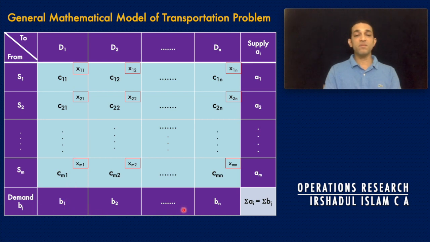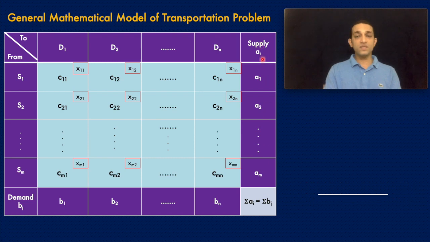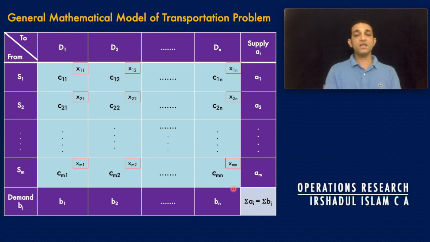So this can be represented like this. And in the last cell you can see the sum of all the supply will be equal to the sum of all the demands. This is a case of balanced transportation problem.